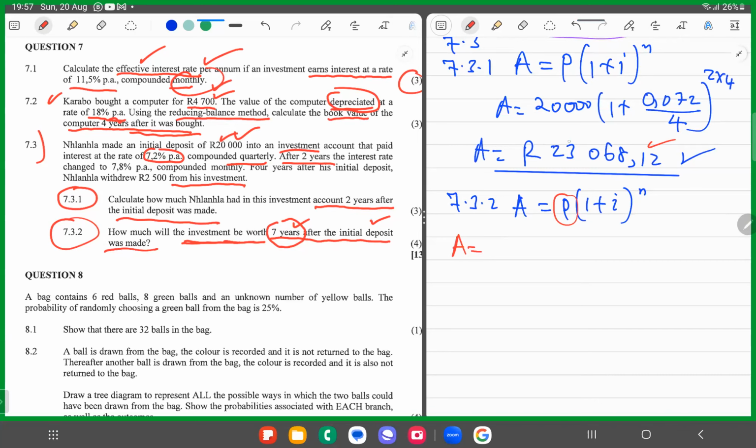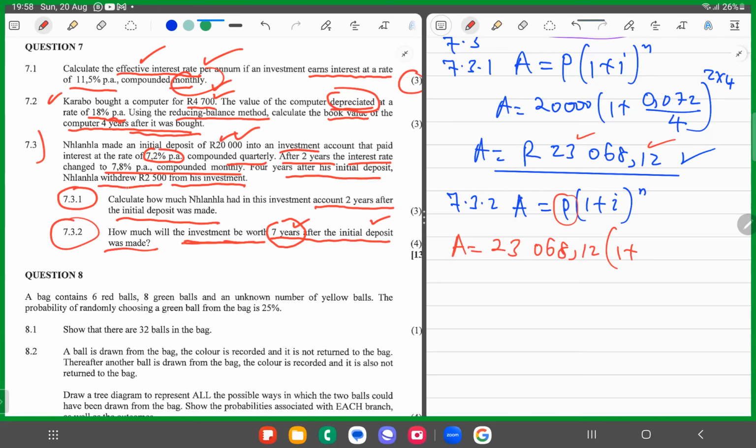So we know that after 2 years, it became 23,068.12 after 2 years. Now, after 2 years, the interest rate changed to this, compounded monthly. 4 years after his initial deposit, Nhlanhla withdrew that amount of money.